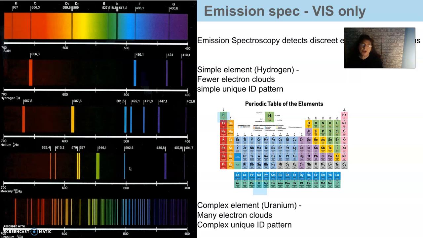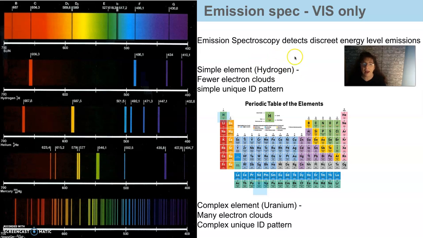So what I wanted to show you here is that when you have a very simple element like hydrogen, which is right at the top of the periodic table, it has very few electron shells, and so it emits in very few places relatively. This is showing you the emissions in the visual part of the spectrum.